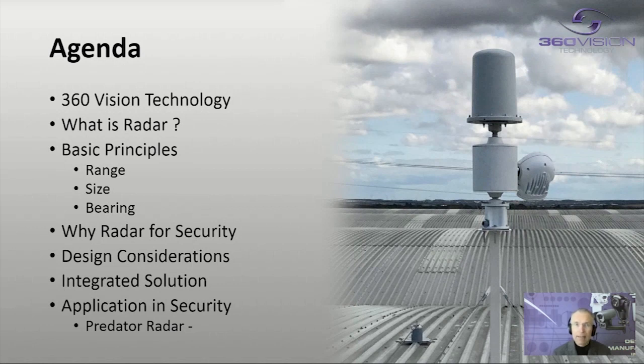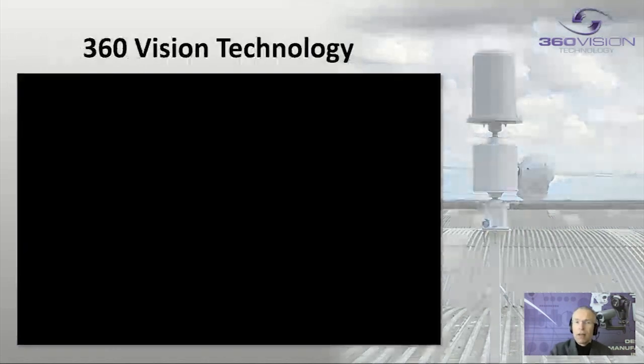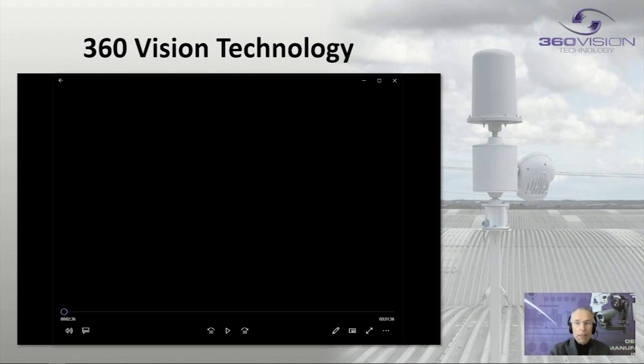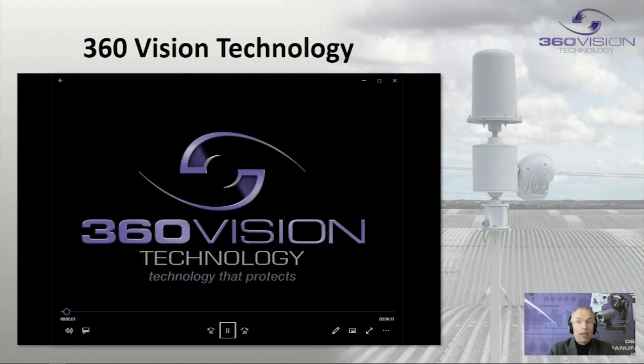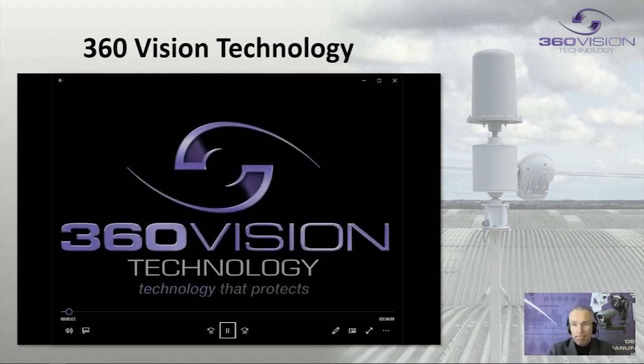But the first bit, let's set the scene and actually look at who 360 Vision Technology are. And to do this, I have a video I'll run for you. So this will come up on screen now. And to explain who we are, well, we're actually a UK manufacturer.